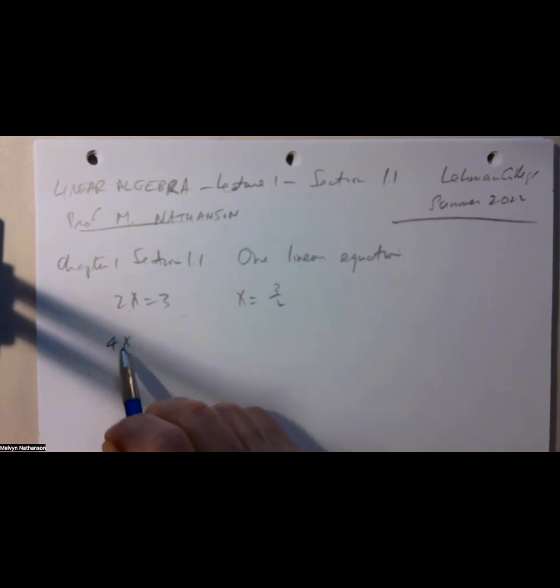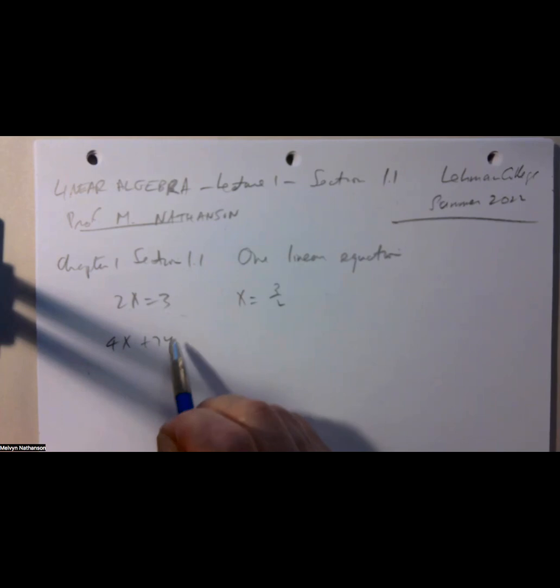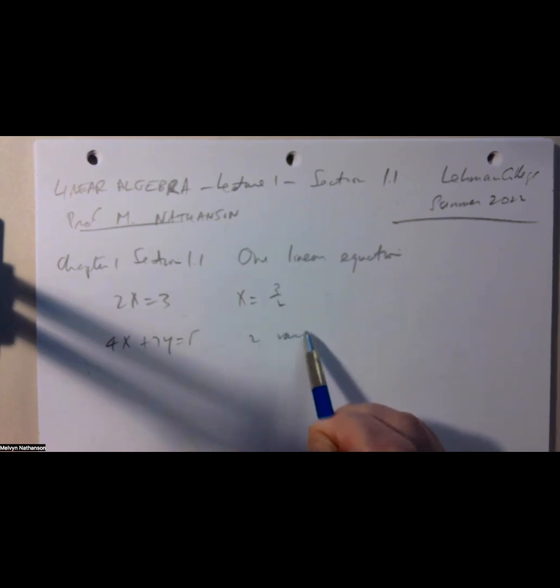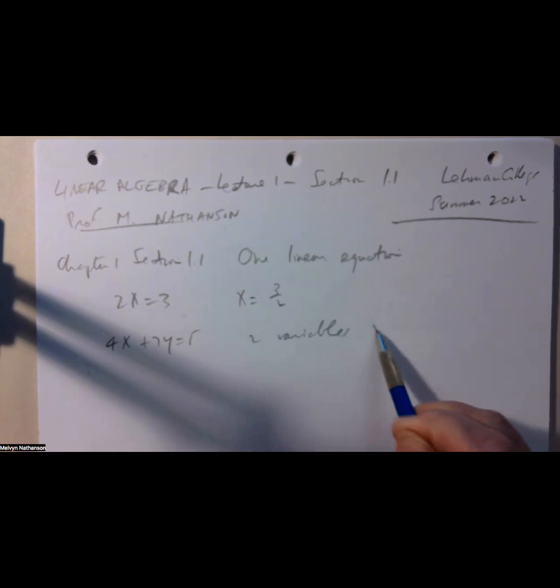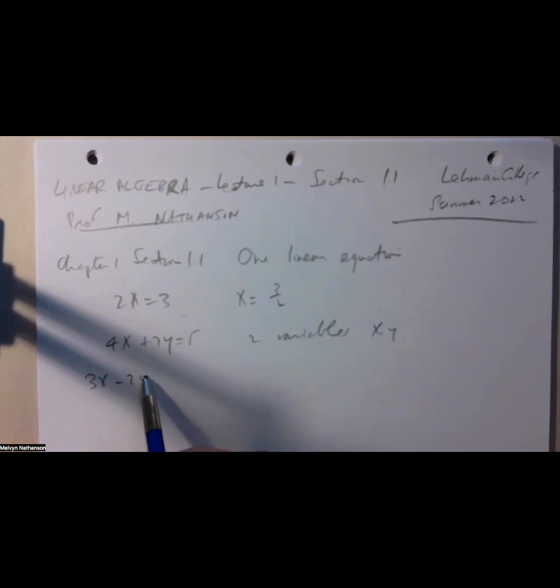You would have an equation like 4x plus 7y equals 5. This is one equation in two variables, which I wrote here as x and y. Or 3x minus 2y minus 5z equals 17 is an equation in three variables, x, y, and z. There's nothing special about the variables.